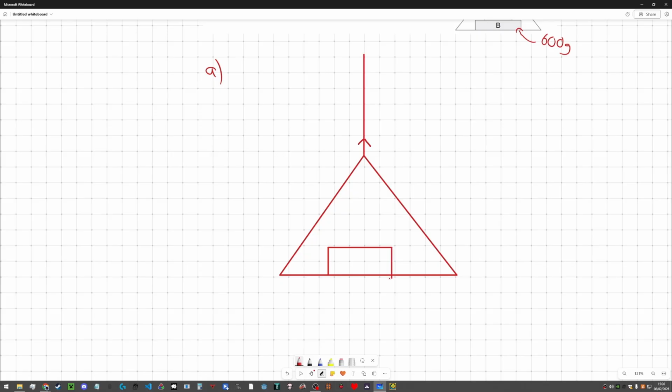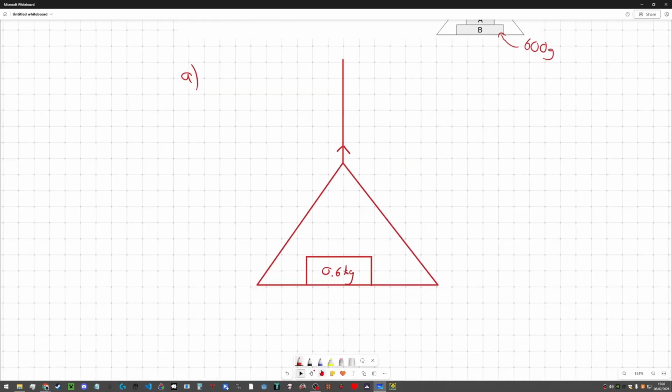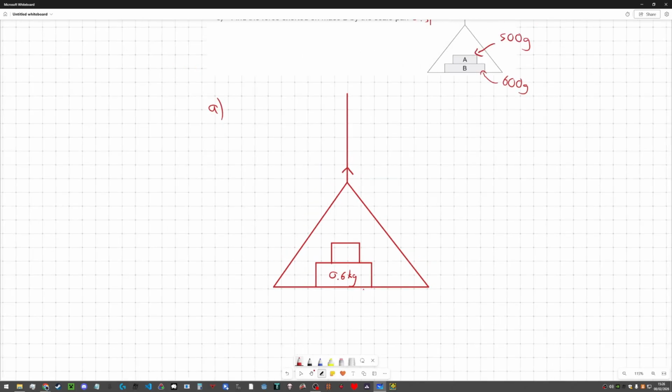We've got a mass with 600 grams of weight, which is equal to 0.6 kilograms. We then have another mass on top. That is 0.5 kilograms.